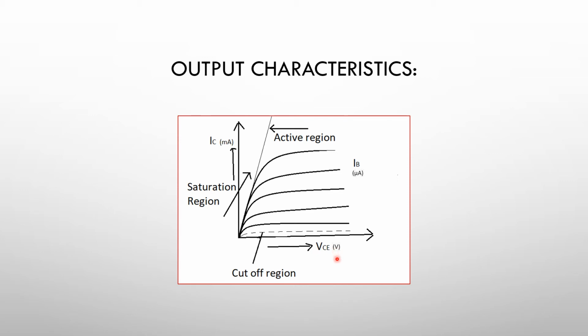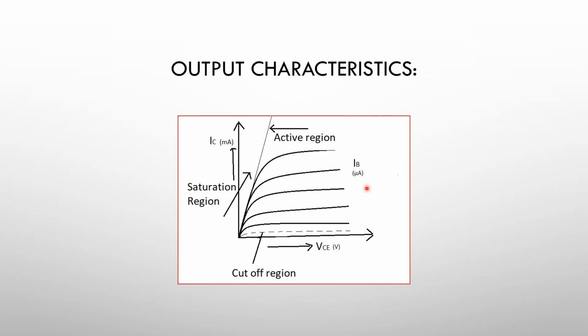That is, the collector current increases very slightly as the collector emitter voltage increases. The value of the collector current IC increases with the increase in VCE at constant current, that is IB.